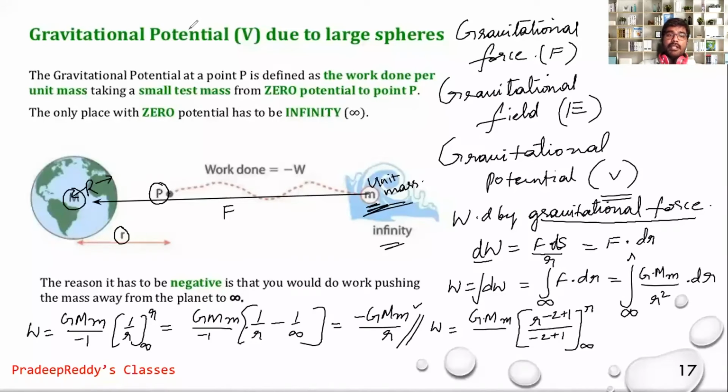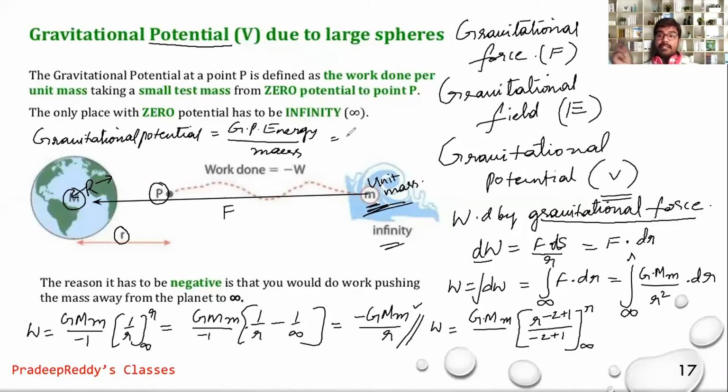This is the equation for gravitational potential energy. Now gravitational potential is defined as the gravitational potential energy per unit mass. That means how much work is done on the unit mass in order to bring it from infinite position to a particular point is said to be gravitational potential.